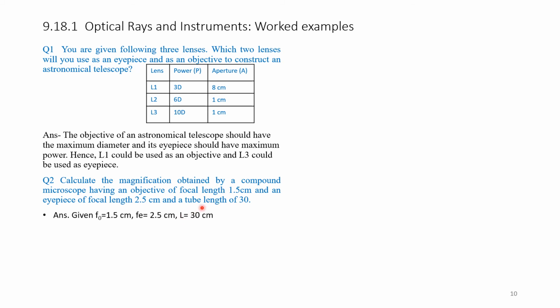Given f naught is equal to 1.5 centimeter, Fe is equal to 2.5 centimeter and L is equal to 30 centimeter. Magnification of compound microscope is given by the equation m is equal to m naught into me. That is given by the formula L by f naught into d by Fe, that is equal to 30 by 1.5 into 25 by 2.5, that is equal to 200.